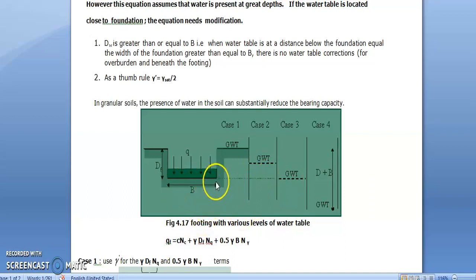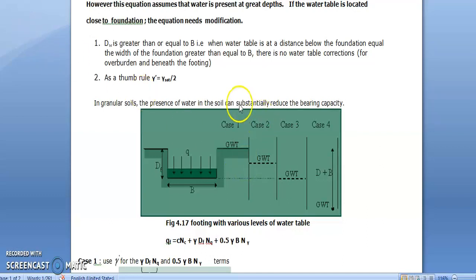If the width B is, let's say, 2.5 meters, and the water table is 2.5 meters or more below the foundation level, then we need not apply any modifications. However, if the water table is a little closer to the foundation level, then you will have to incorporate the changes.